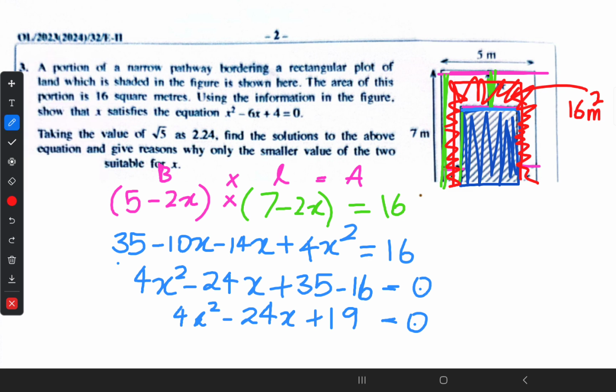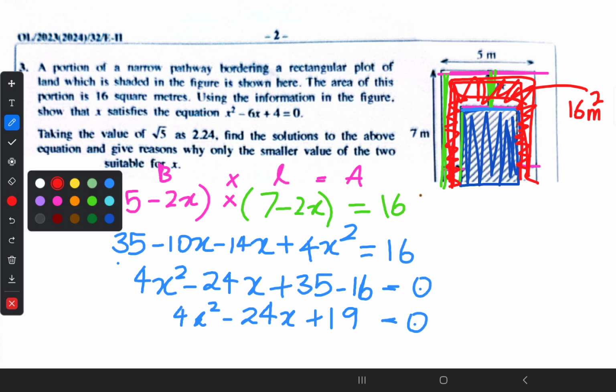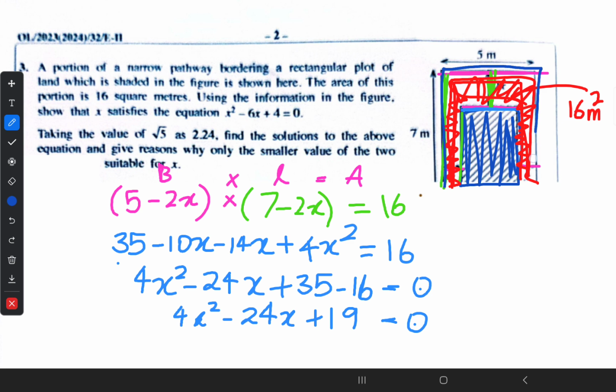A portion of a narrow pathway bordered a rectangular plot of land which is shaded, and the area of this portion satisfies the given equation. So they only talked about the area of the pathway, and that is 16. From the total area, when we subtract the shaded area, we get the remaining area.